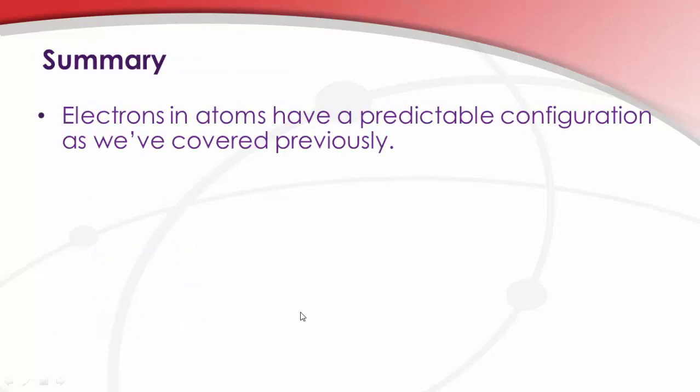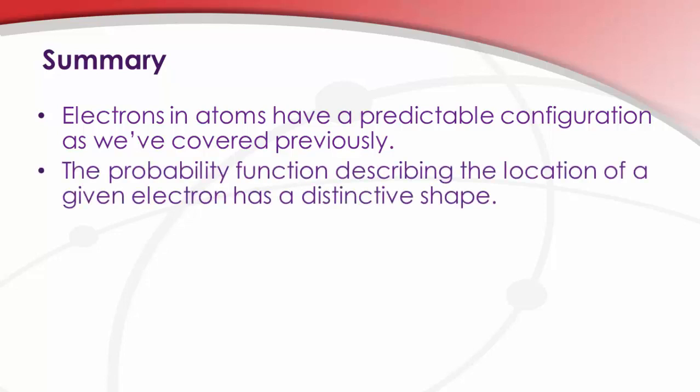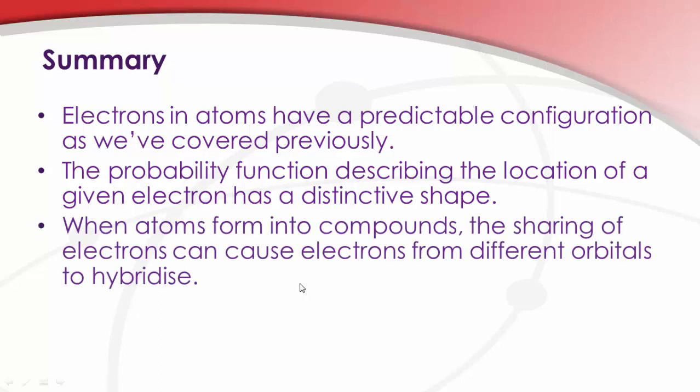Okay, to summarize, electrons and atoms have predictable configurations. We've covered this previously, but now we have some additional tools to help us out. When we form bonds, the probability function associated with Schrodinger's equations are modified to incorporate what we can think of as a linear average of the individual orbitals.